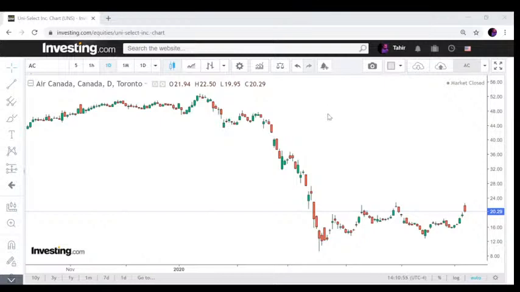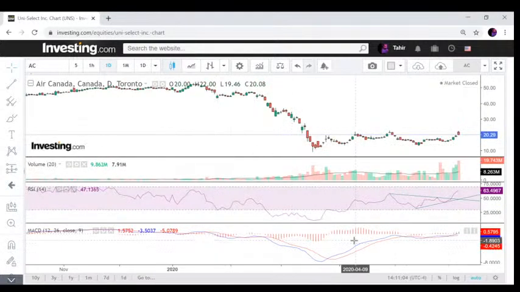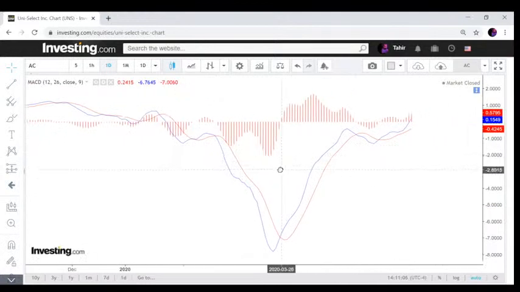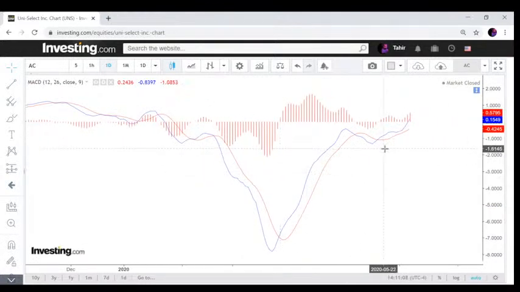If we can just have a look at the screen. The components of a MACD, we have three components. Number one is this blue line, which is called the MACD line, and the other one is the red line, which is called the signal line.